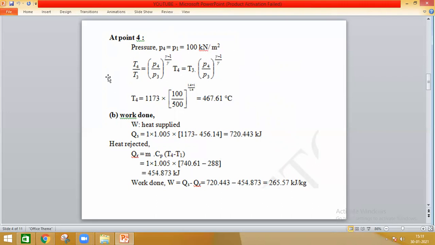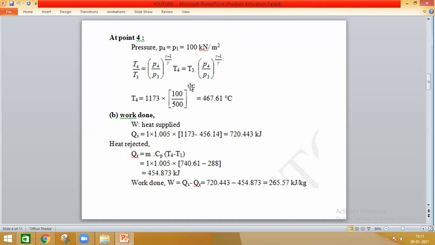So from this PVT relations, we can find out the value of T4. So T4 by T3 is equal to P4 by P3 to the power of gamma minus 1 divided by gamma, because this is PVT relations. This you have to know. This you will be studying in applied thermodynamics.